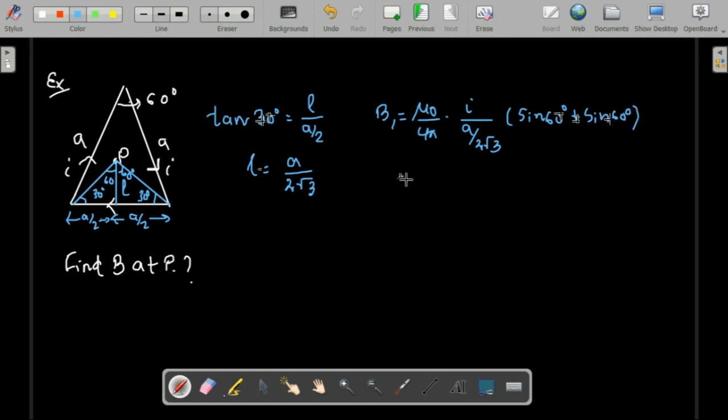So sine 60 is nothing but root 3 by 2. So we can do our calculation. This is mu naught divided by 4 pi, 2 root 3 into I divided by A, sine 60, sine 60.